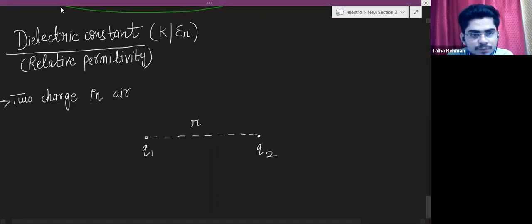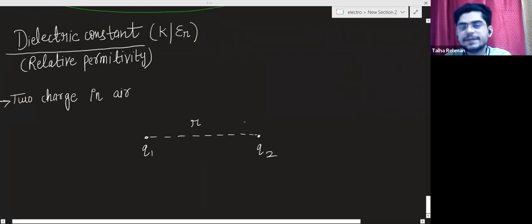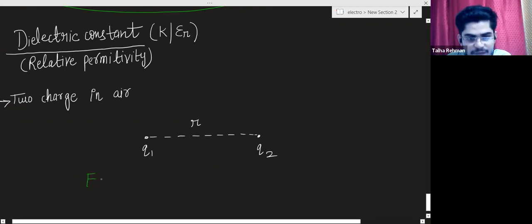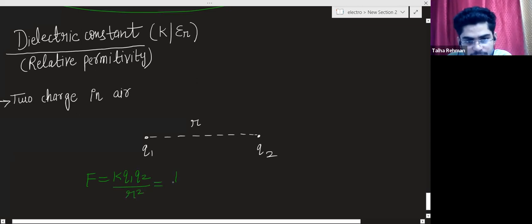So the force of interaction, maybe it will be repulsion or attraction, no matter. Now I am talking about only force. So force will be F. F is equal to K Q1 Q2 by R square, and the value of K will be 1 upon 4 pi epsilon naught.